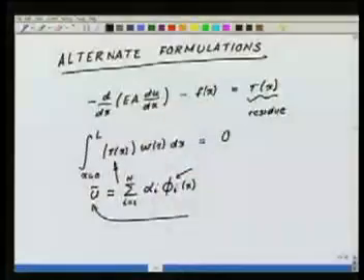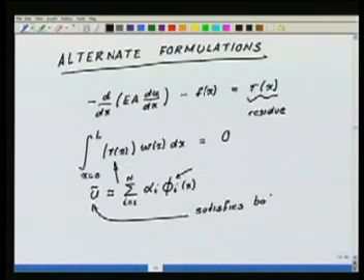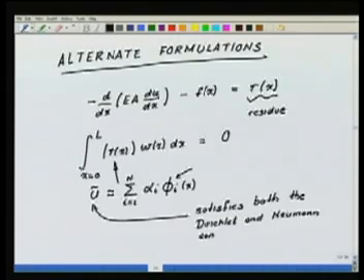So, first of all, my phi i's should be such that u tilde has to now satisfy both the Dirichlet and Neumann conditions at both the ends.